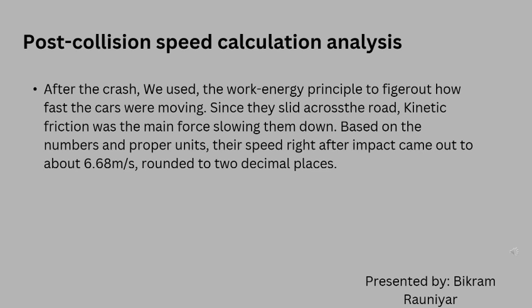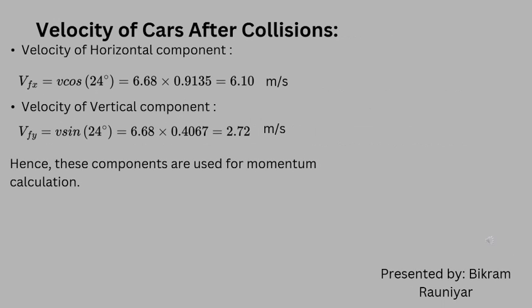Solving the velocity into two components, horizontal and vertical, we get 6.10 meters per second for the horizontal component and 2.72 meters per second for the vertical component. The components are used for momentum calculation.